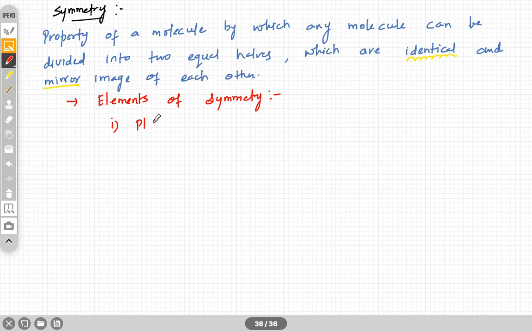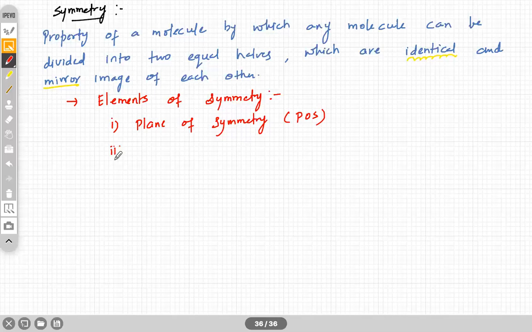We have plane of symmetry, we call it POS. The second one is center of symmetry, we call it COS.